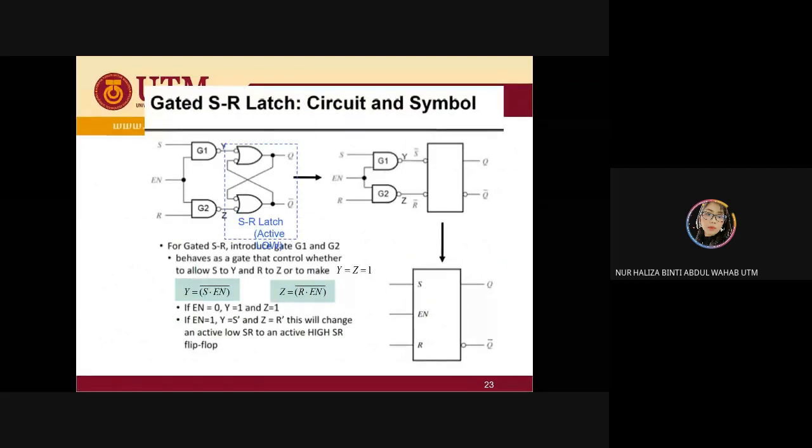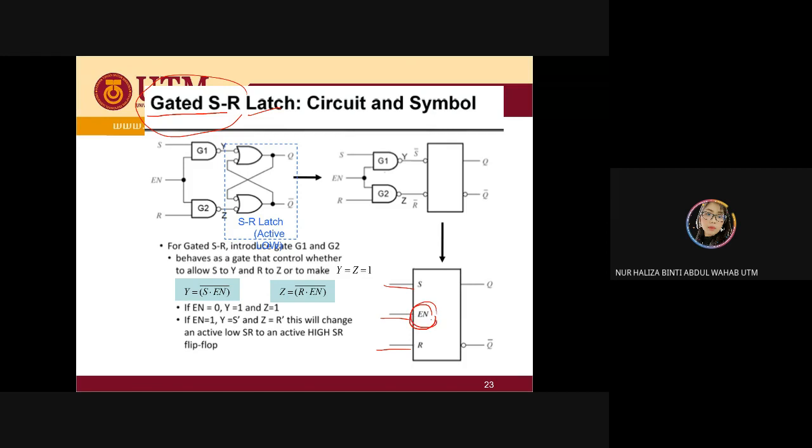Next is about your gated SR latch. If you still remember, the important thing is when you have the EN. So you have 3 inputs now. EN is like your switch. When EN is 0, nothing will be changed, no change, although the input is changing in value.